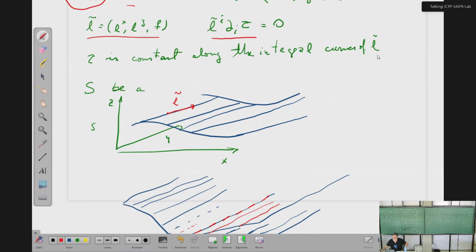Take a line, and let's call this line gamma. And I choose it in such a way that it's nowhere tangent to L. So L is always going out from here, never tangent.